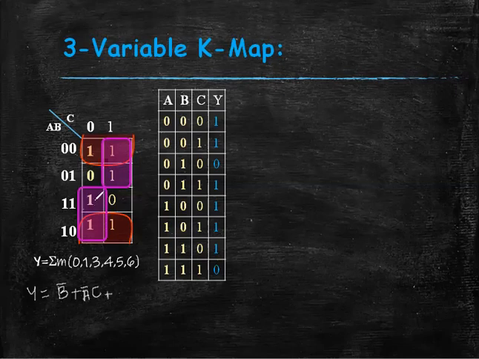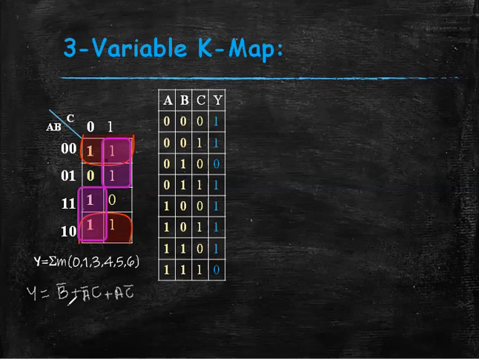And the next pair is this one. For that, when we move downward, C bar is constant, and here 1 1 changed to 1 0, so the 1 is constant, that is, the result is A. Here the result is A and C bar.